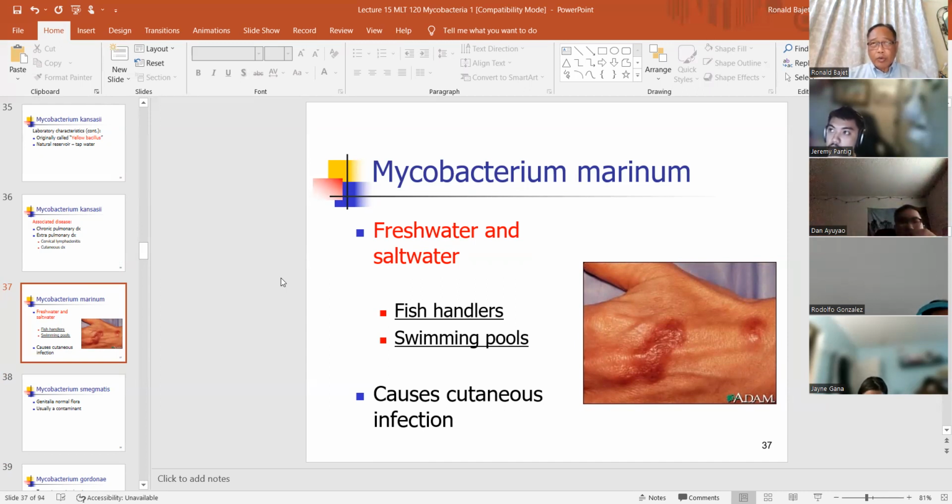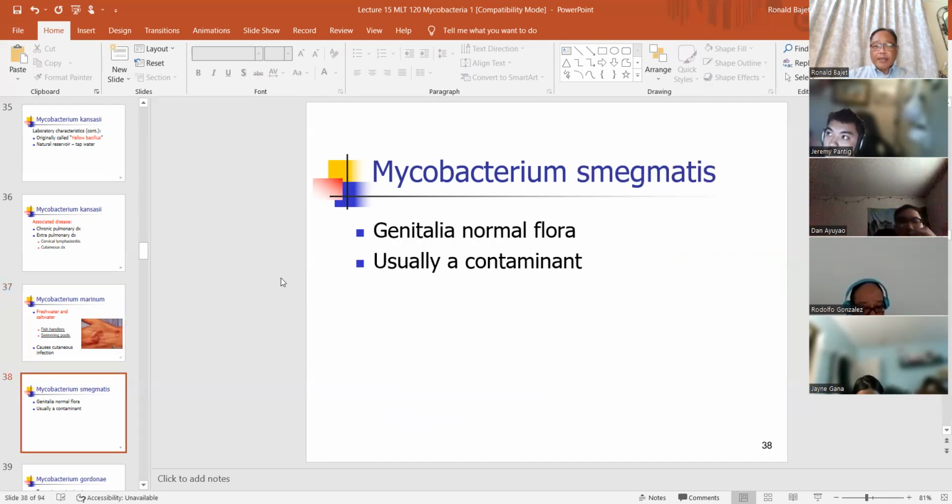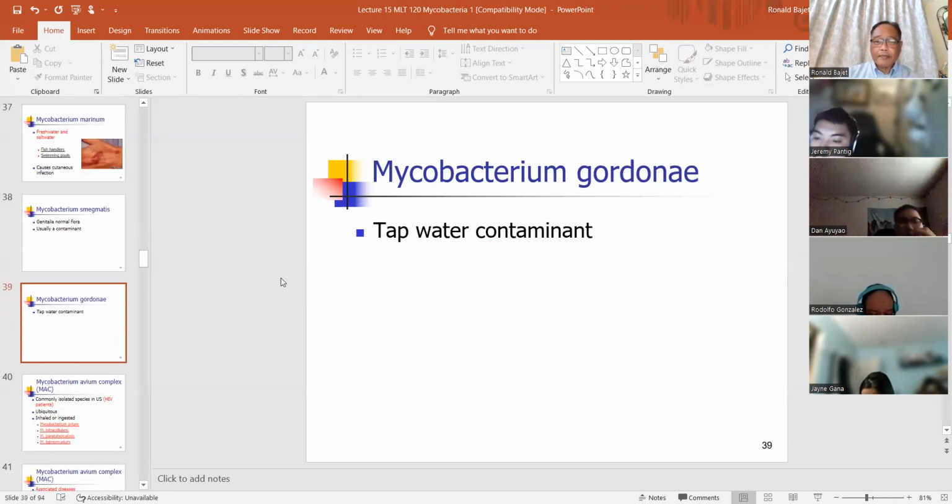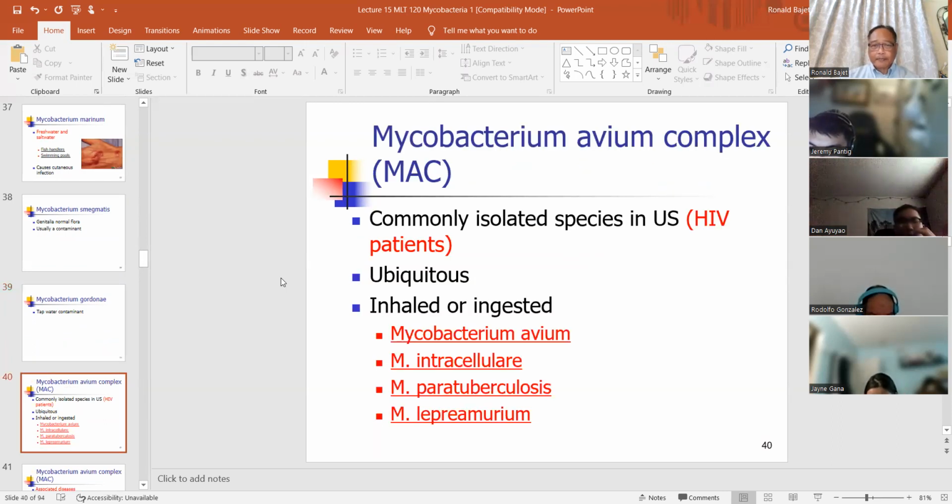So just by swimming in freshwater or seawater, or handling fish and swimming pools, you can get it on your skin. That's Mycobacterium marinum. M. smegmatis is normal flora of the genitalia, and it's usually a contaminant. And Mycobacterium gordonae is also found as a tap water contaminant.